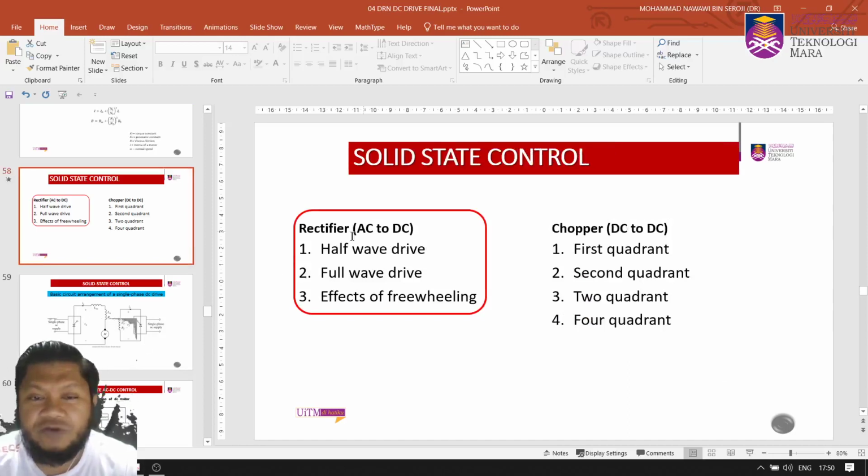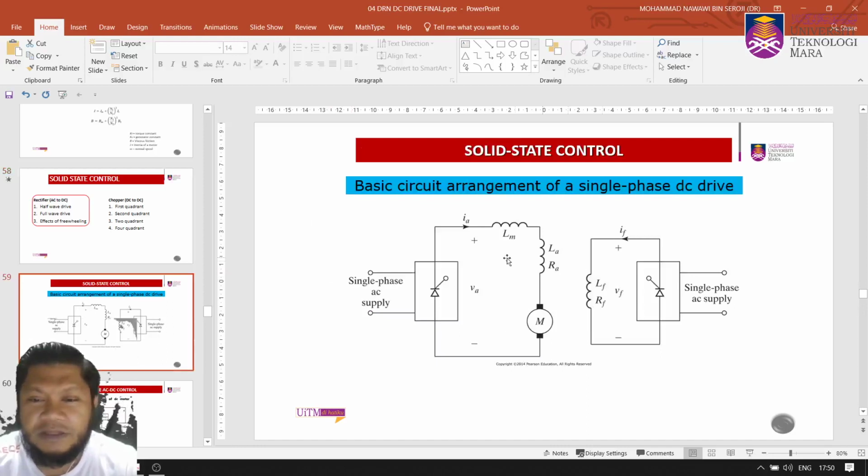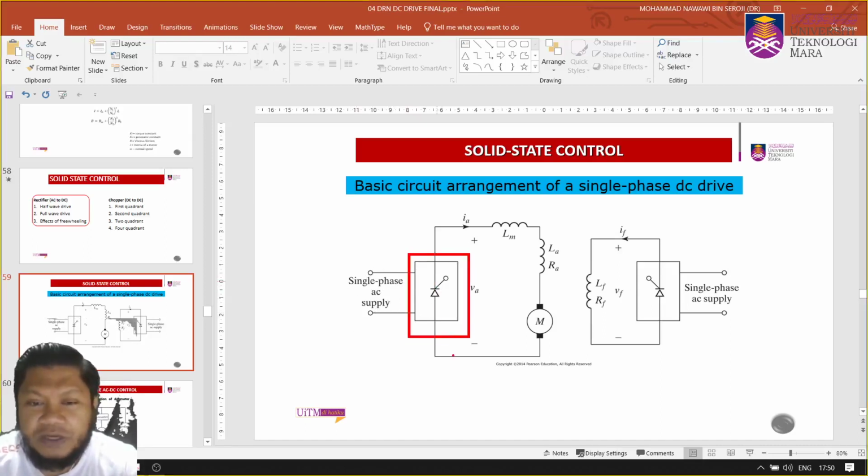Okay, so we have looked into the rectifier, the single phase half wave drive, and then we also looked into the single phase full wave drive. This is the basic half wave circuit, a single phase circuit where the input is AC, and you have this thyristor control, sometimes called SCR, silicon controlled rectifier.